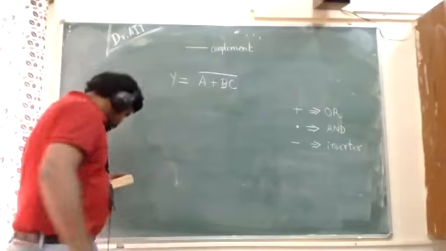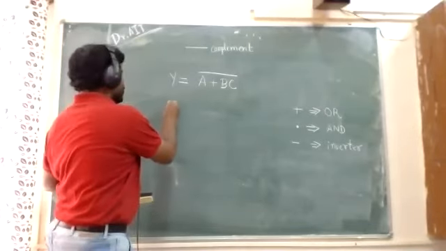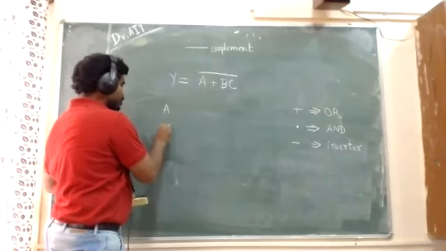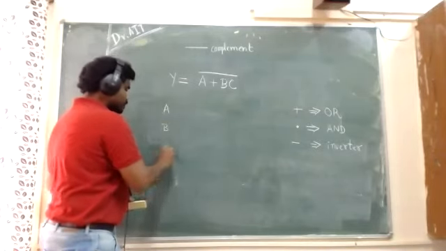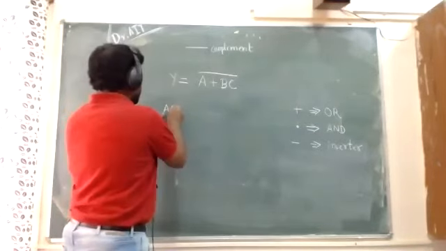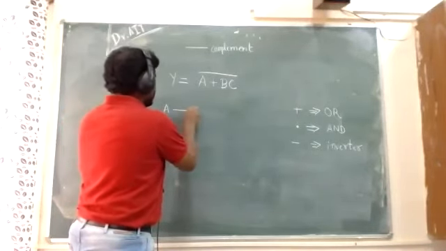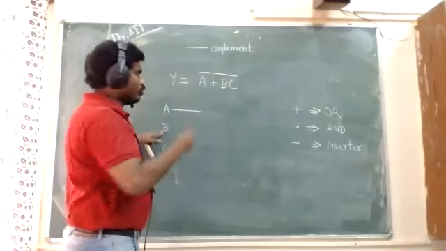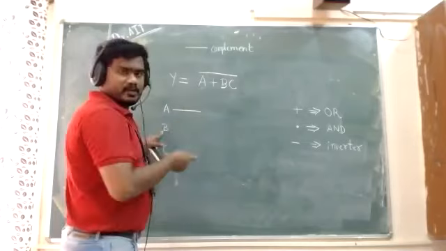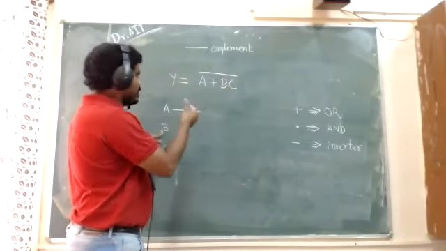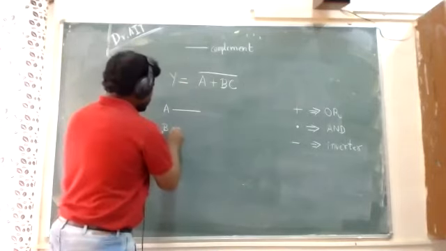Now let me represent this A plus BC first. I will take A, then B, then C. Let me draw one line for A, and BC I need to obtain. How do you implement BC? Here BC is a product form, so we can implement it using the AND gate.